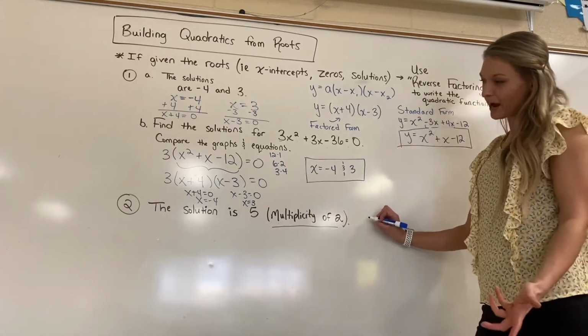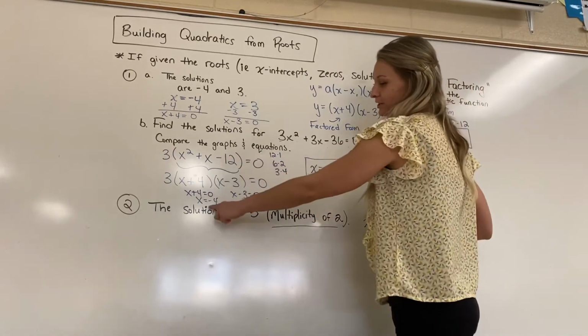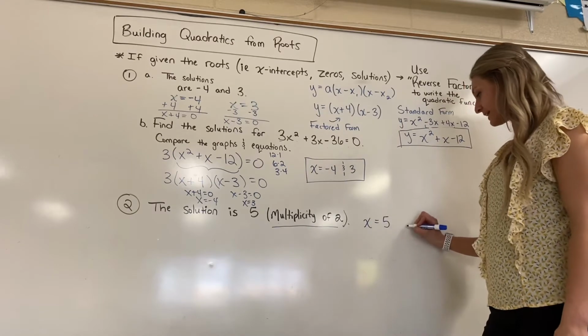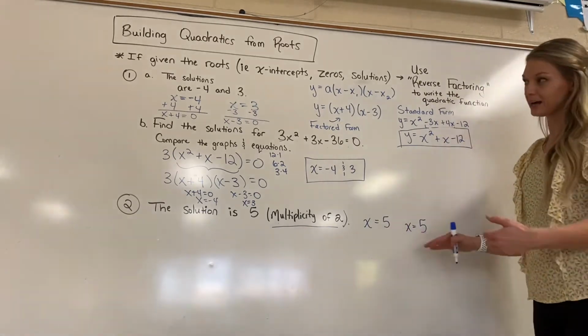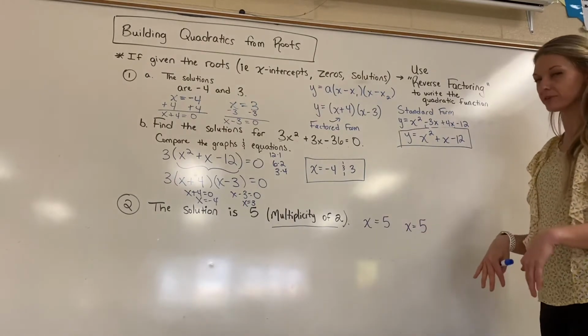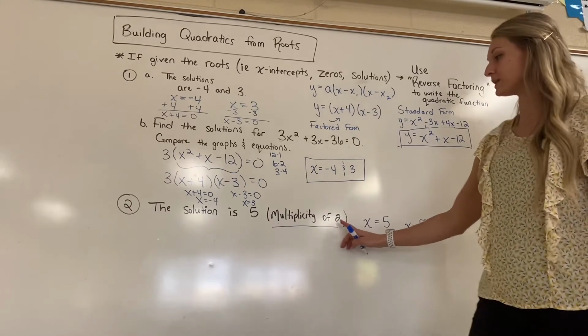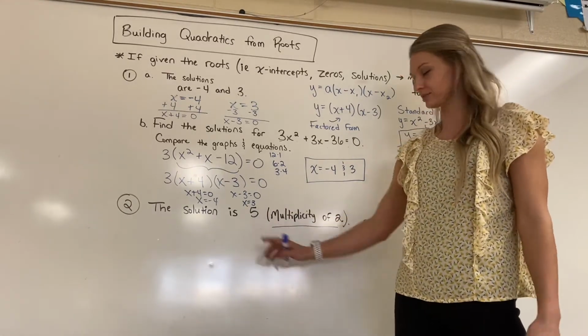So how do we write that? That means that when you solved this one, kind of like what we did here, you ended up getting x equals 5 and x equals 5, okay? 2 times that you had an x-intercept of 5. So multiplicity of 2 means that you have 2 factors that ended up being that solution, okay?